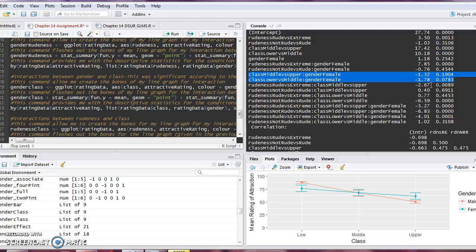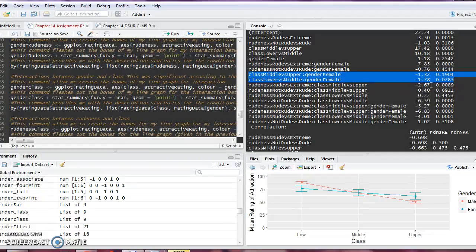So just to tackle this one at a time, we're going to look at the lower versus middle class. This is actually greater than 0.05. This suggests that there aren't any gender differences in ratings when it comes to comparing lower class dates to middle class dates. So this suggests that men and women give similar ratings for the two groups.